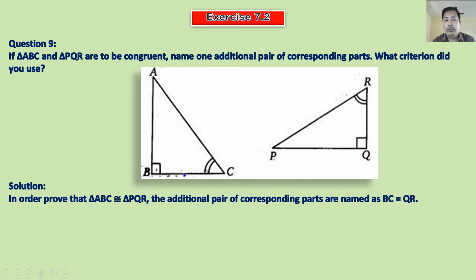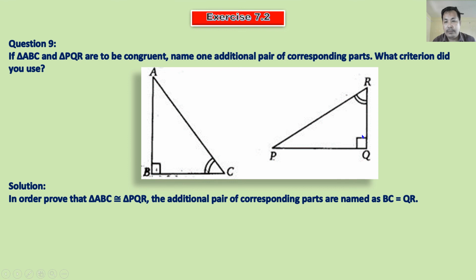And one more thing we need to have is BC and QR, which is the included side, so that it can hold a criterion. What is the criterion? ASA criterion. Angle, side, angle, isn't it? So the additional corresponding parts to take, to hold one criterion to prove these two are congruent, are BC and QR.